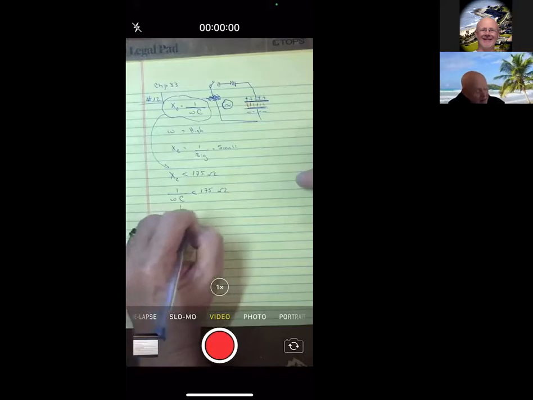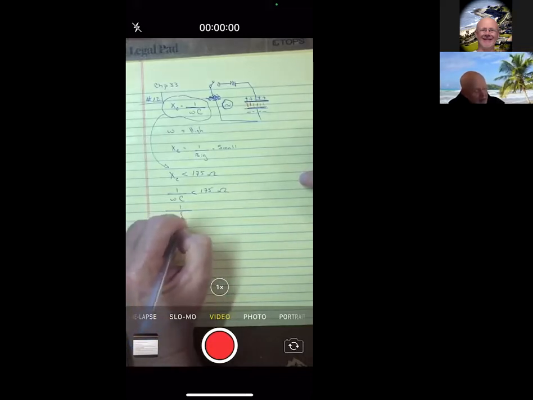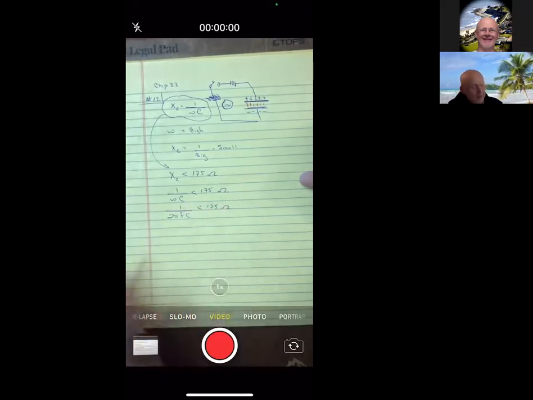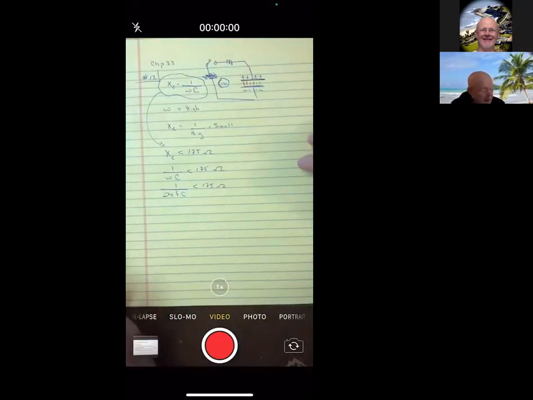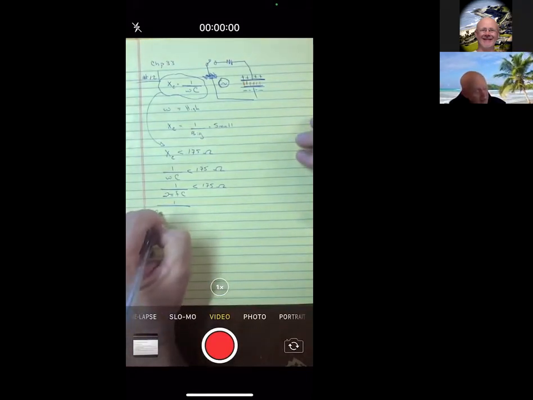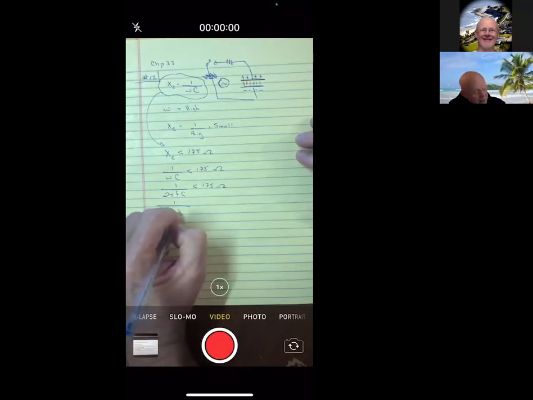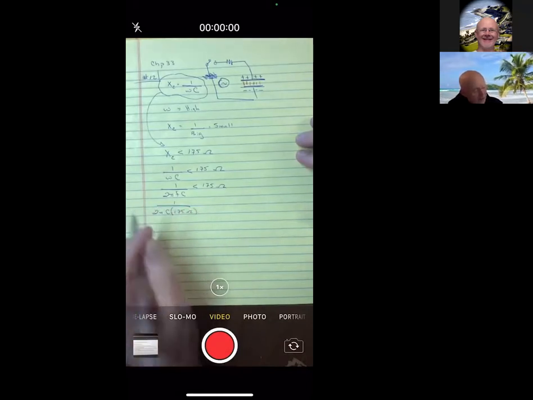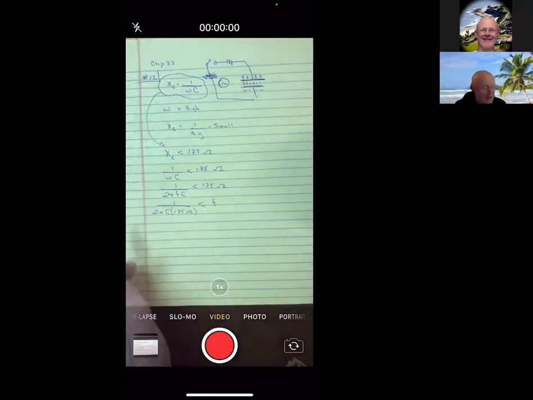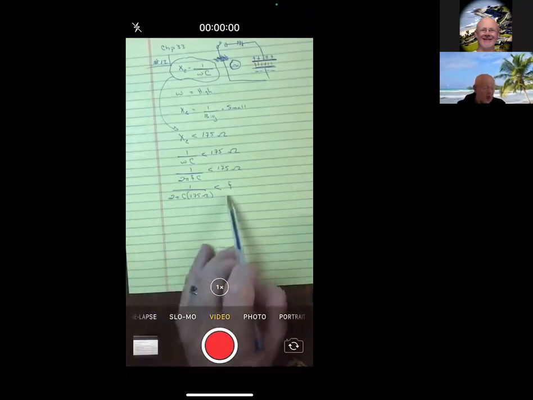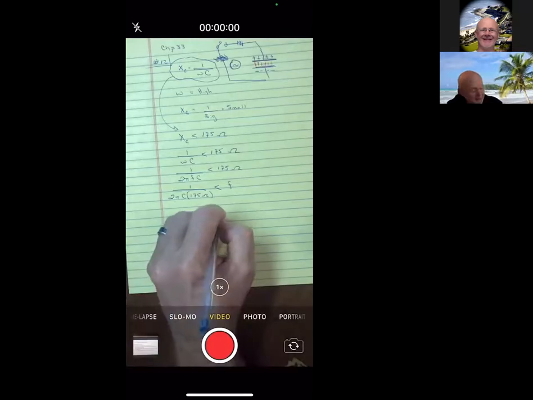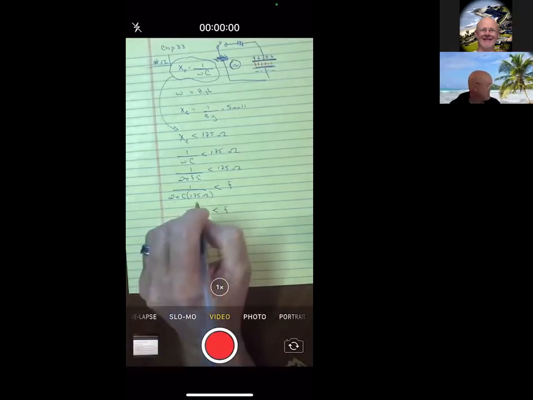And if I replace omega with 2 pi f, and then I rearrange with the 2 pi C, and I'll move the 175 ohms over to there, while at the same time moving the F. You'll see I'm going to get an equation that says when F is greater than this number.